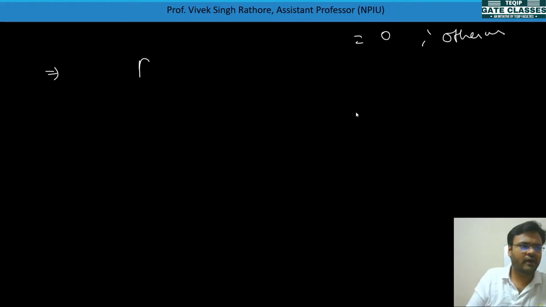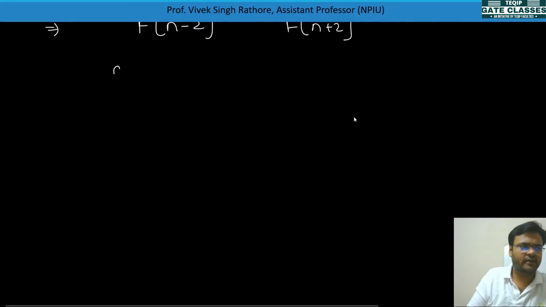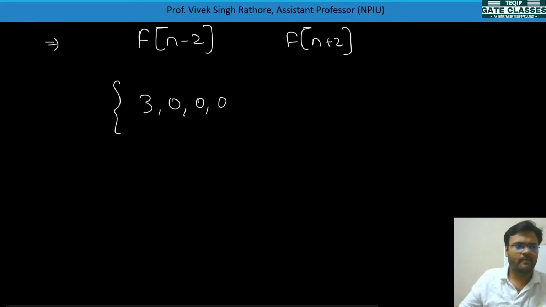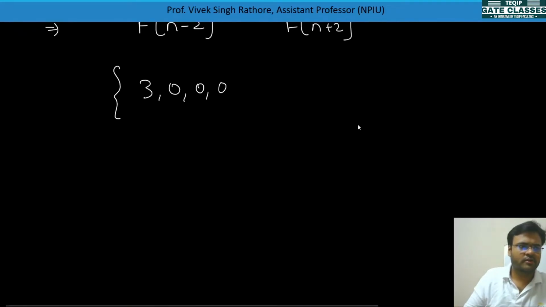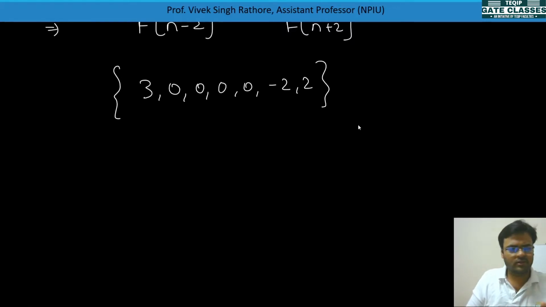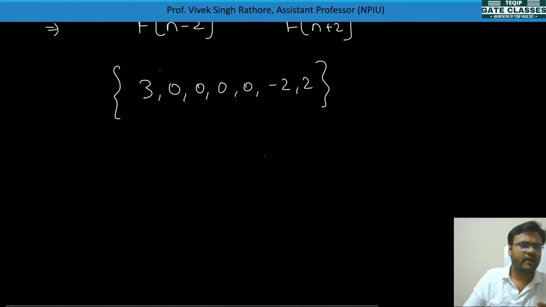So I'll tell you both f[n-2] and f[n+2]. The signal was 3 0 0 0 0 0 0 0 -2 2, and this was the expression which we have taken from the signal.